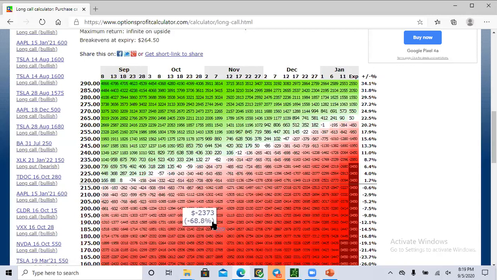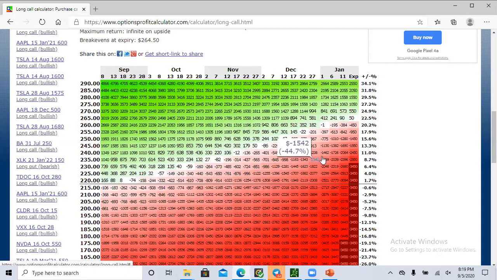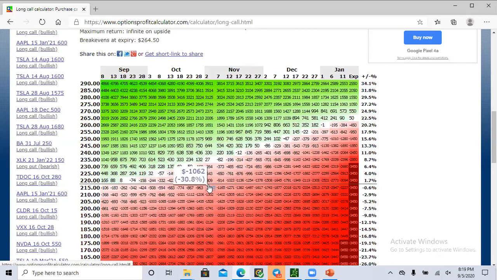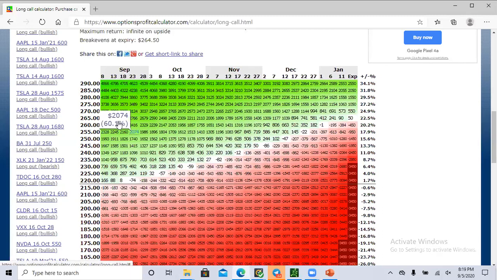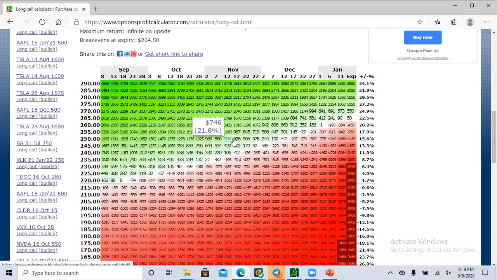But if you're all the way down here and you're still holding it, I'm getting rid of it somewhere in here, honestly. I probably would have sold it back in here if it's that low. But if I'm getting profit over here in the September, October, November time frame, I'm selling. If we get too greedy, you start losing.